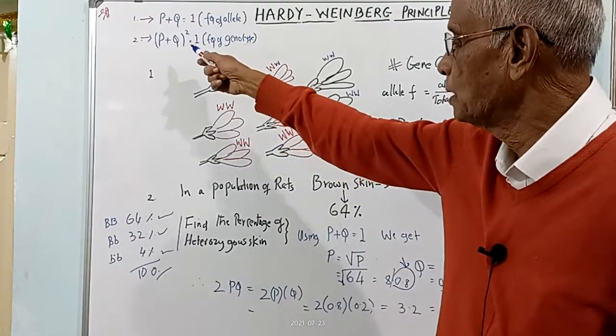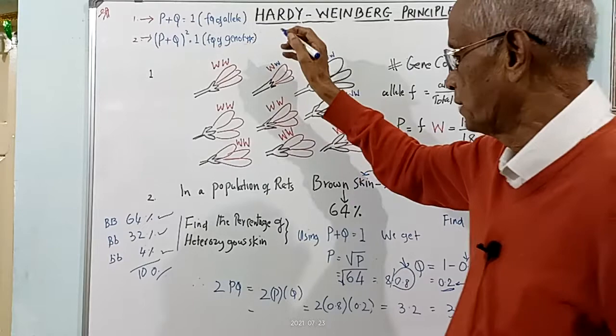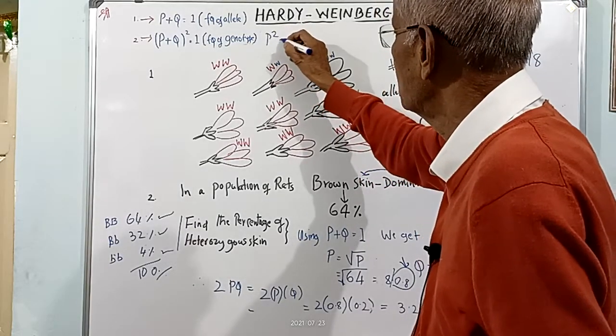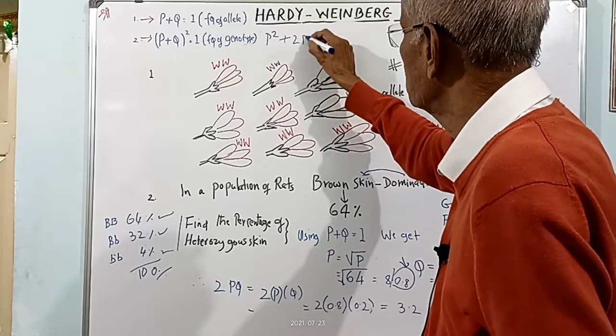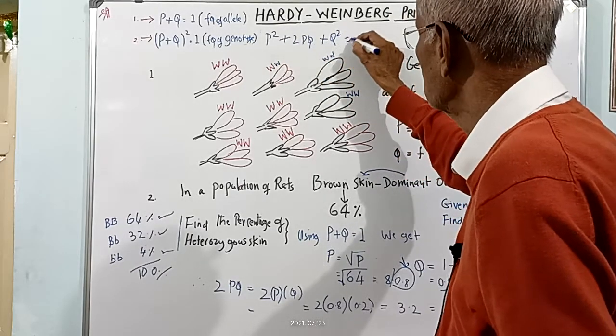The second one, P plus Q whole square, is equal to genotype. If you expand that formula, it becomes P square plus 2PQ plus Q square is equal to 1.